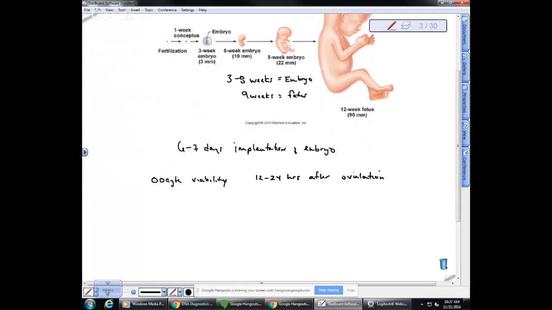So what that means is that fertilization has to take place within that early window, within 1 day. Okay. And then if we look at the sperm viability, it is 24 to 28 hours after ejaculation.